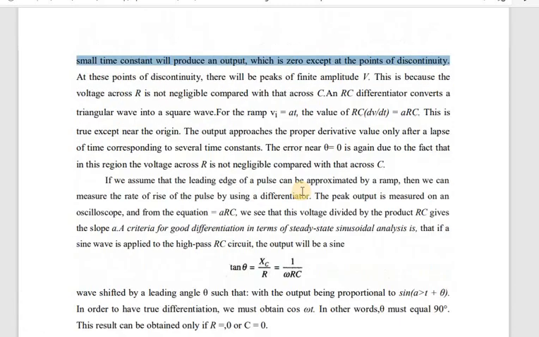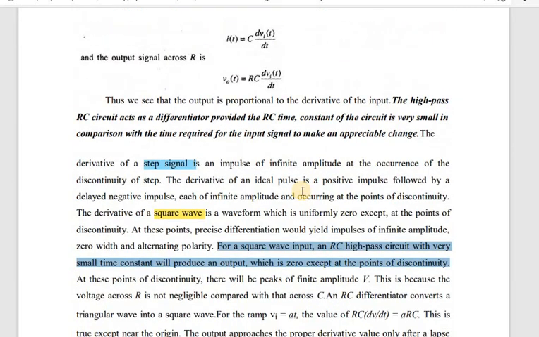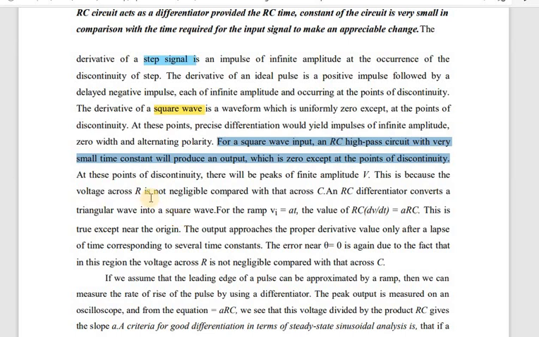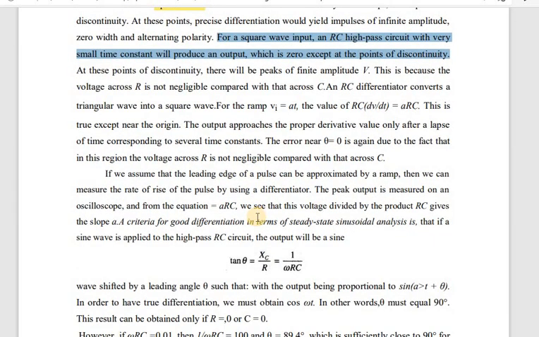So these are the different kinds of inputs that we have applied to the high pass RC circuit, which acts as a differentiator. These are the step input, then square, then how you are converting the triangular wave to the square wave. Then if you apply the ramp input, what the different times are, it's several time constants, how you get the error at the origin, and how you remove that error we have seen.